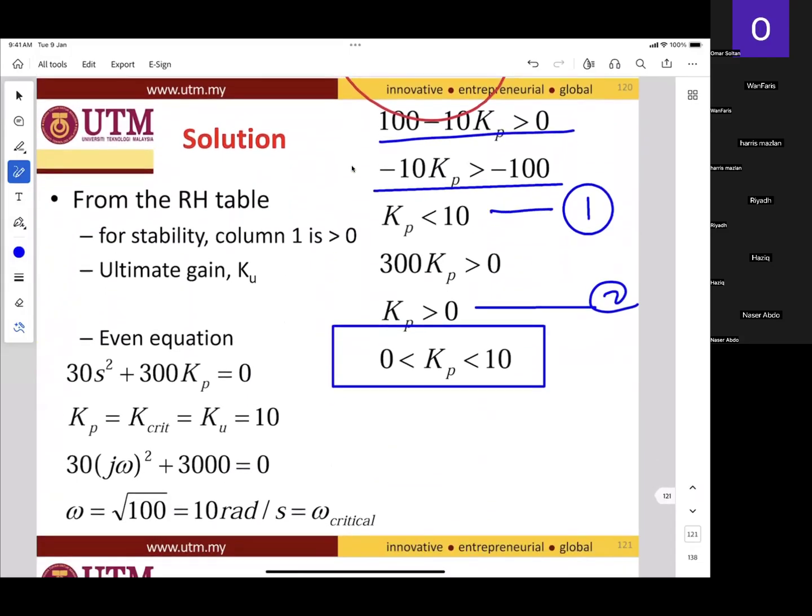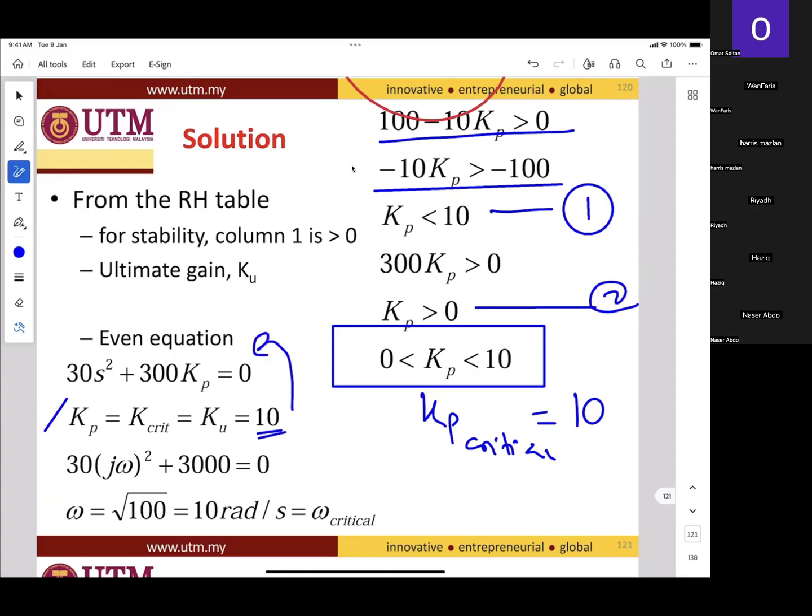Okay. So K critical, Kp critical, is when the system is marginally stable, which is equal to 10. So Kp is equal to K critical, which is equal to Ku, the ultimate gain, which is equal to 10. Okay, so you use this value of K and insert it inside the even equation.